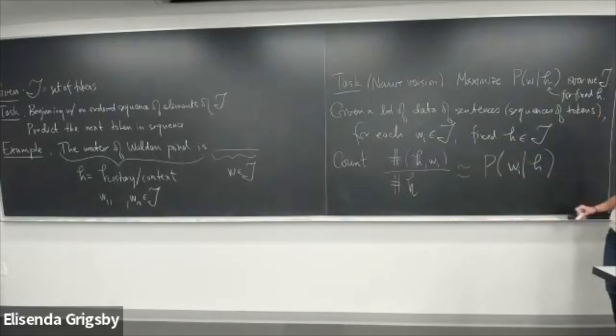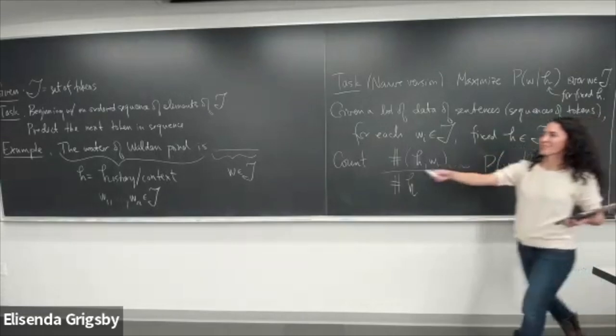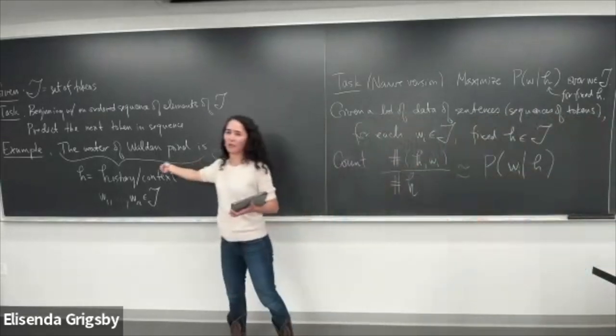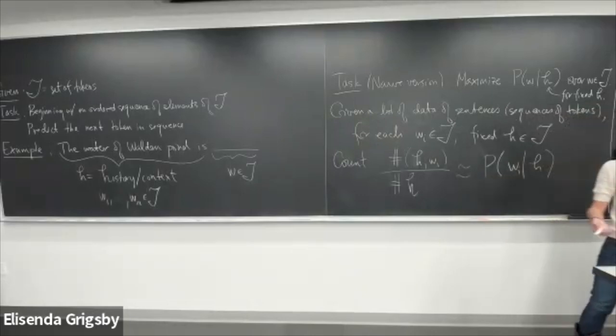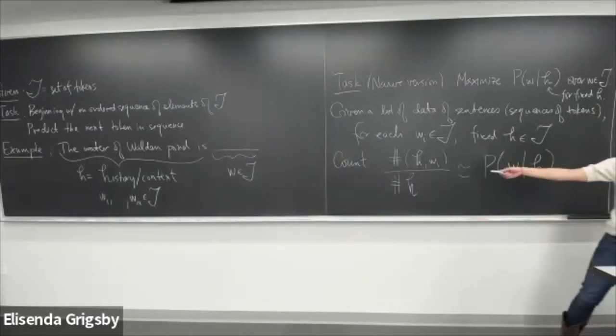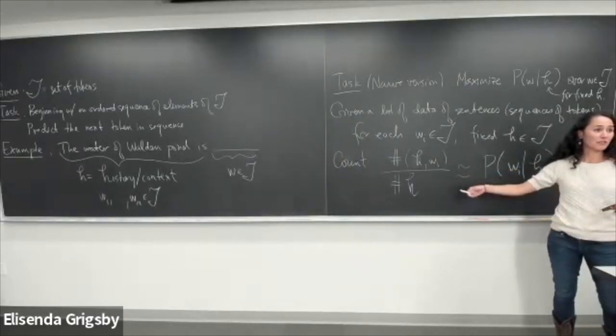So, okay, what's the problem with this? You might not have any appearances of the water of Walden Pond is in your corpus. And in fact, even if you do, you probably have very few of them, too few of them for this to actually be a particularly good approximation.